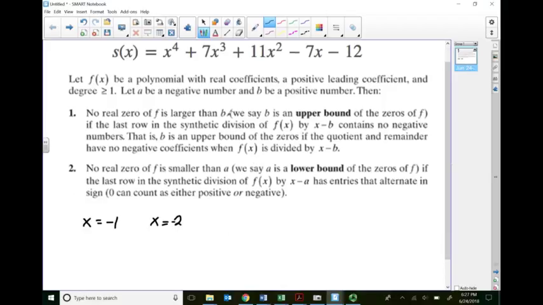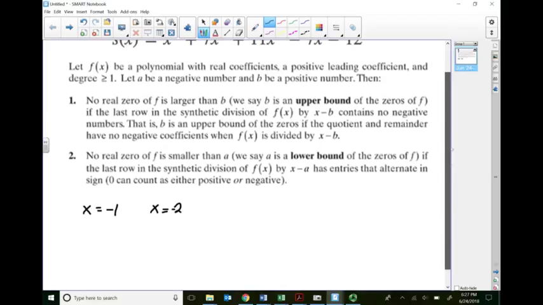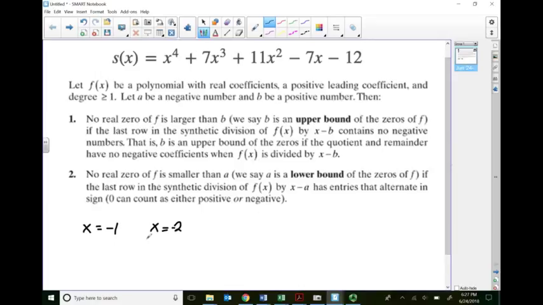So you ask why the answer is -7: because if I keep on going lower, which is going more negative, once I see the alternating signs, then that will be my lower bound.